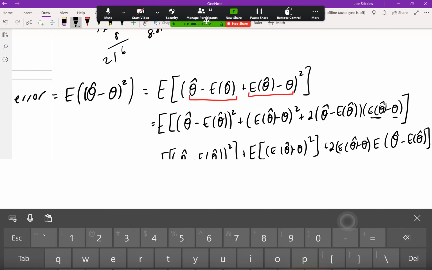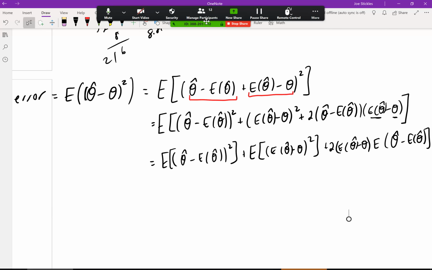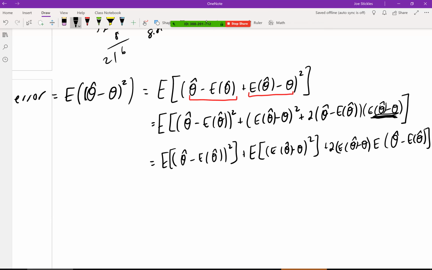All right, so Dr. Joe? Yeah. How is that last term a constant again? This last term? Yeah. Okay. Once we compute expected value of theta hat, it's typically in terms of the theta, but it's already been computed in expected value. There won't be any x's left in it, because theta hat is a statistic based on your sample.